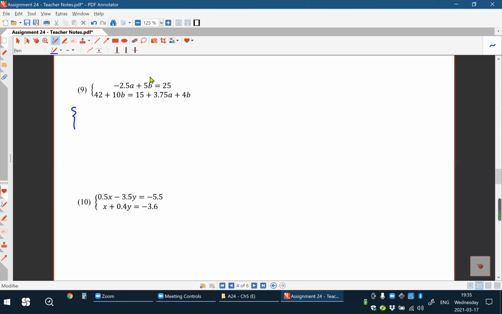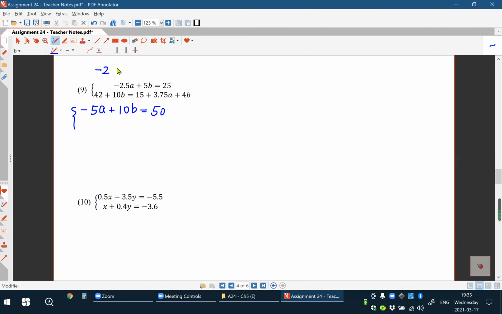First equation, you can time a 2 to both sides of the equation, right? If you time a 2, minus 2.5 becomes minus 5 plus 10b equals 50, right? Of course, if you can't see the multiplier of 2, you can always time a 10, right?